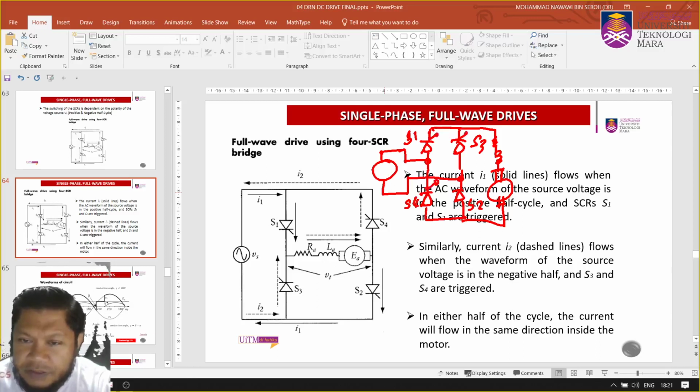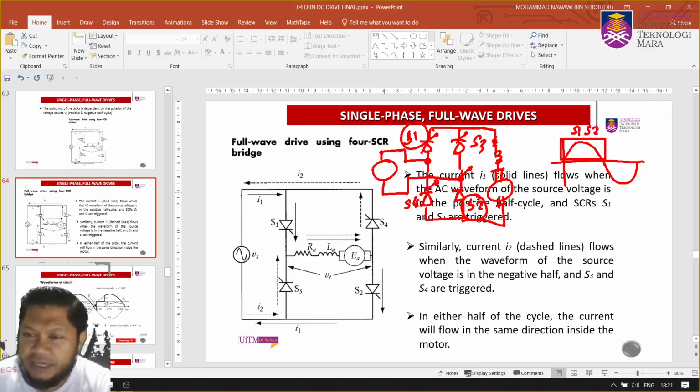Okay, so these are the 4 thyristors. During the positive half cycle, I'm referring to the supply voltage here, S1 will operate as well as S2. When it is a negative half cycle, you're going to have S3 and S4 operate.